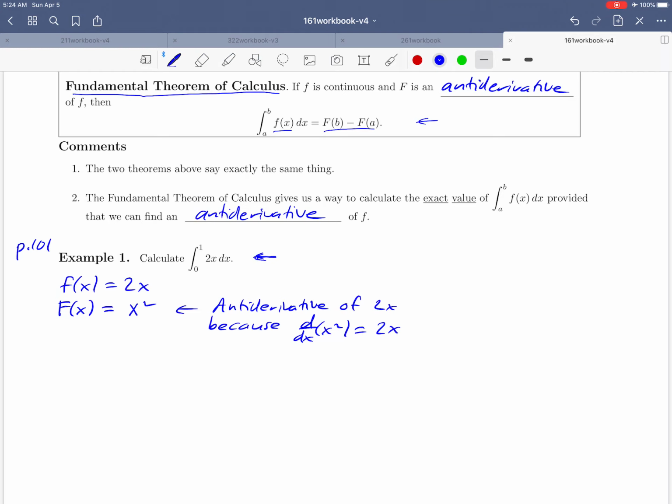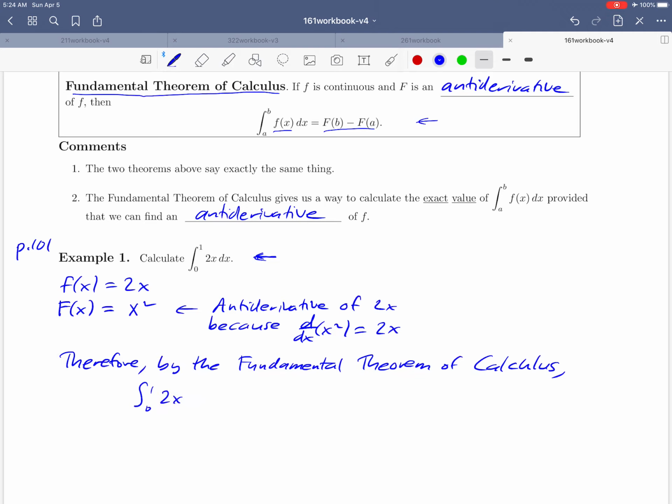Because that's true, the fundamental theorem of calculus tells us the following: the integral from 0 to 1 of 2x dx should be the antiderivative evaluated at 1 minus the antiderivative evaluated at 0.